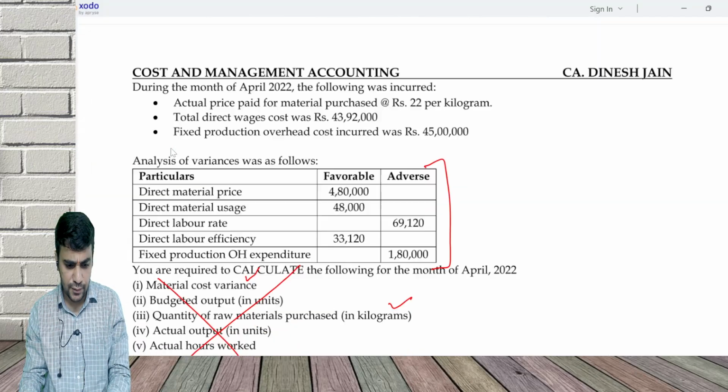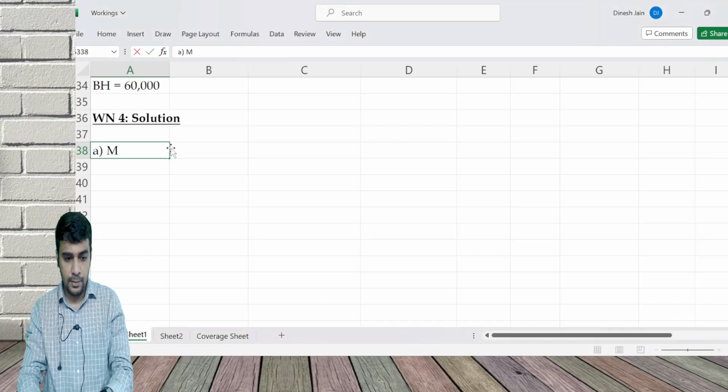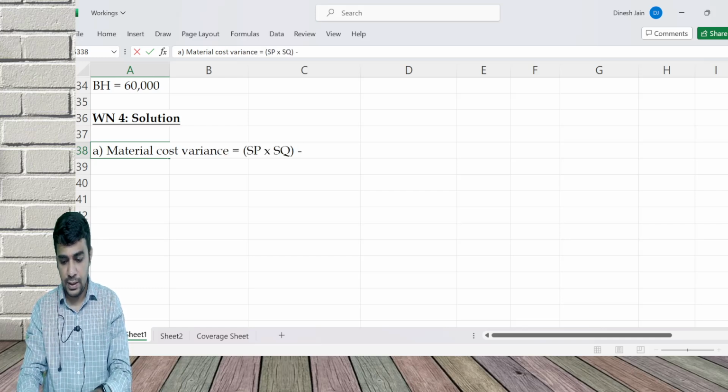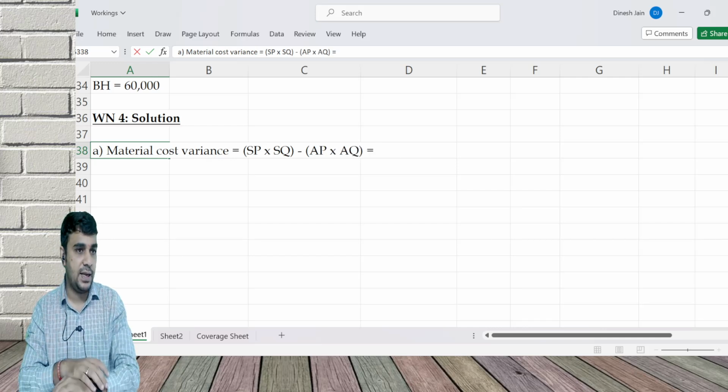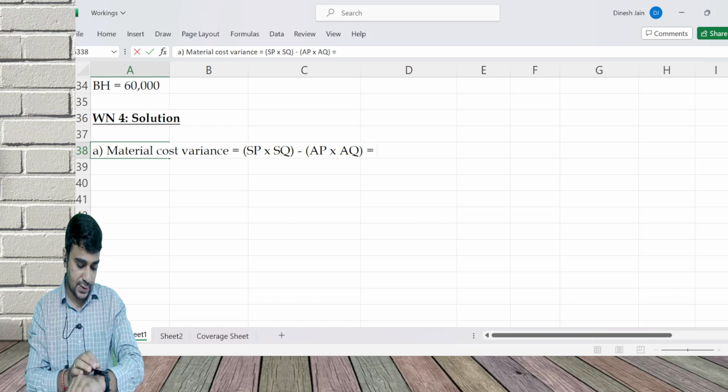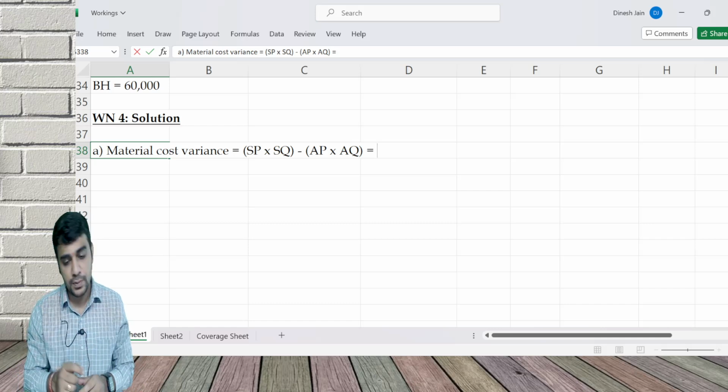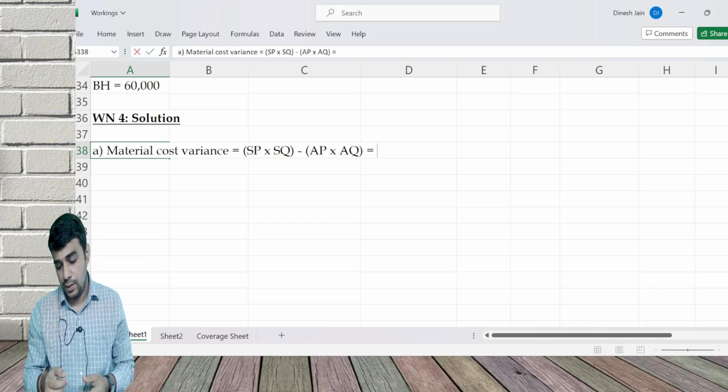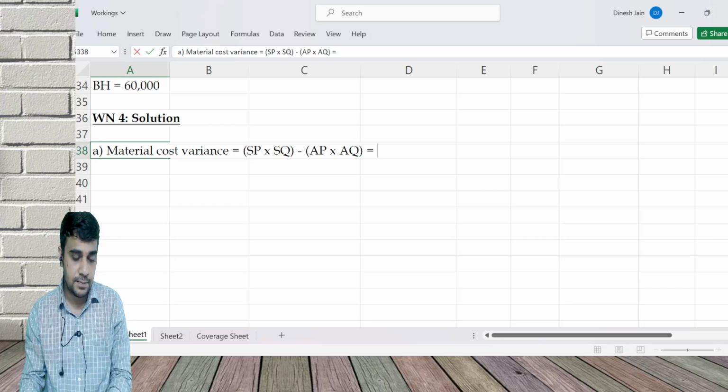For the first requirement of the question, material cost variance is equal to SP into SQ minus AP into AQ. I will not spend any time on explaining the formula. Apply and let me know the answer.